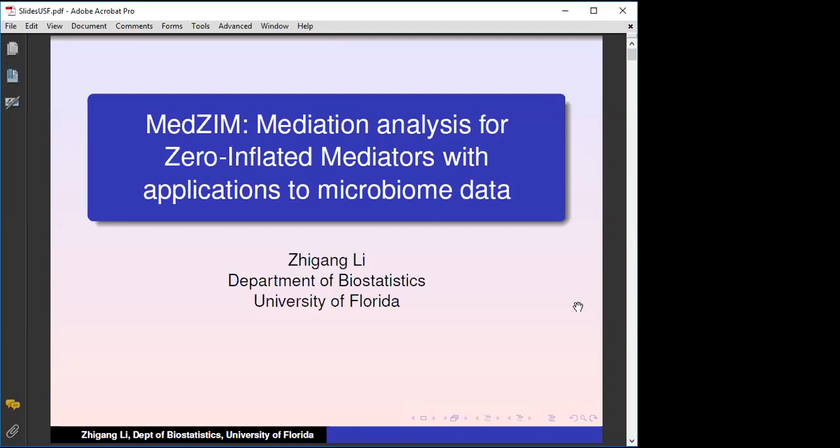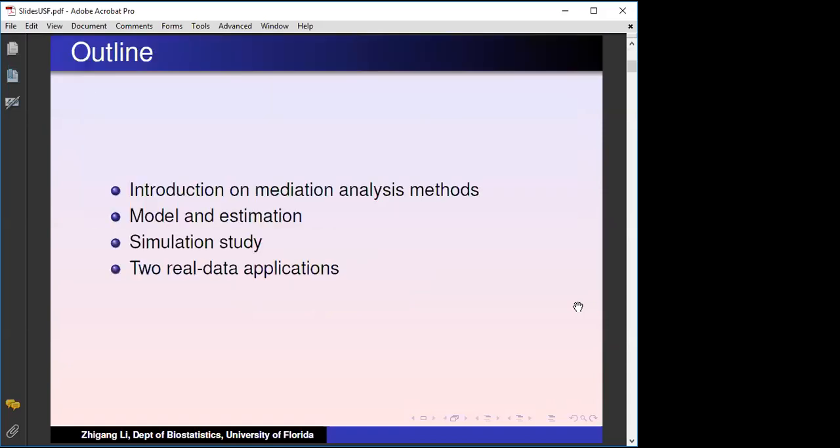So today I will talk about a research work that we're conducting in my research lab. It is a mediation analysis model for analyzing microbiome data, and it's called MedZIM. So this is a brief outline of my talk.